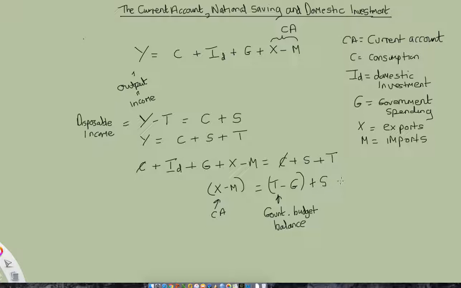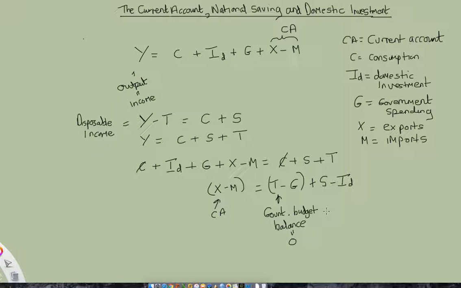And then we have plus S minus domestic investment. There's several different ways to think about this, but let's just think of an example, and we'll do this in terms of percentage of GDP. Suppose that the government budget balance was 0, just for simplicity. Then what we're saying is the current account is equal to savings minus domestic investment.